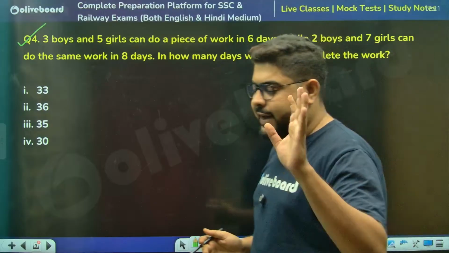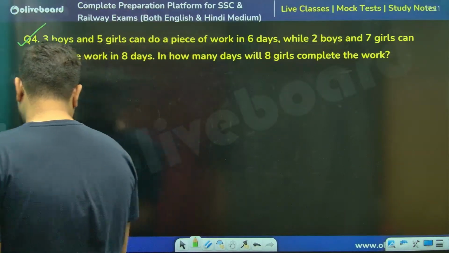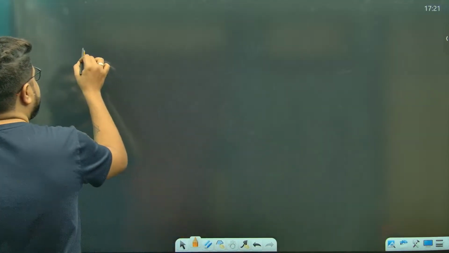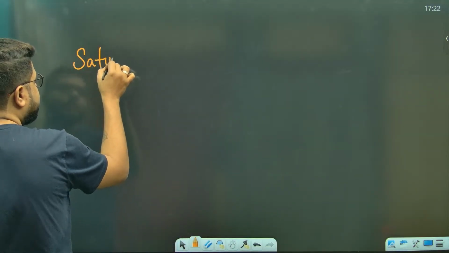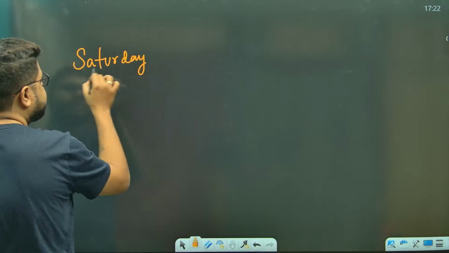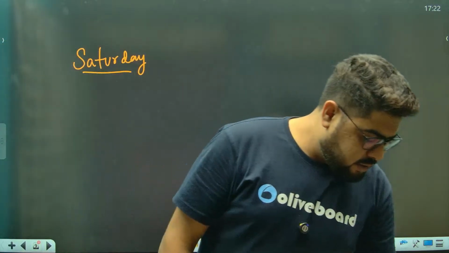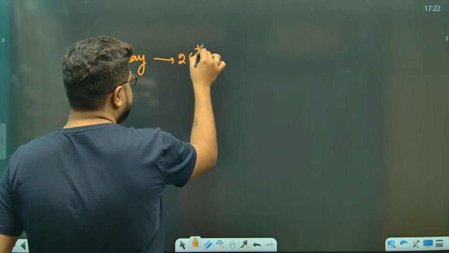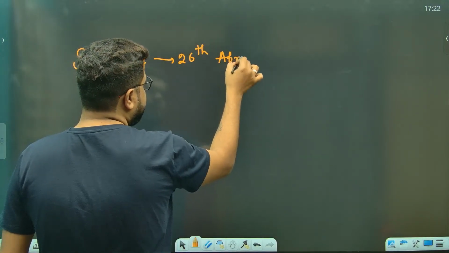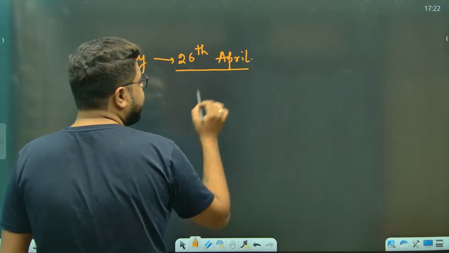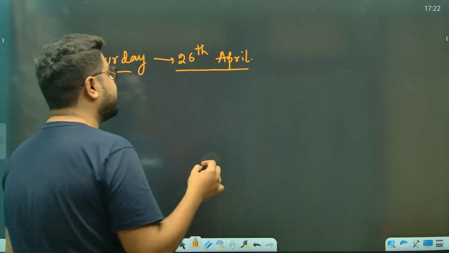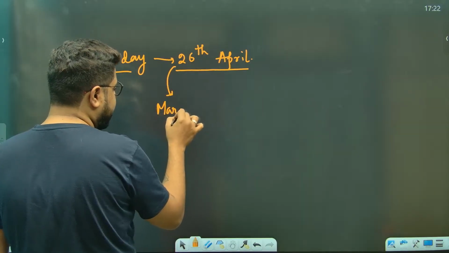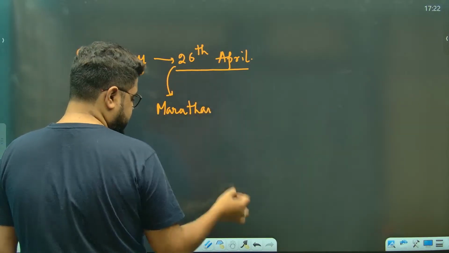Just a quick little announcement. This Saturday, the day after tomorrow I guess, what will the date be? 24, 25, 26. 26th April. Tentatively, I am planning, not only me, all of our faculties, a marathon session.